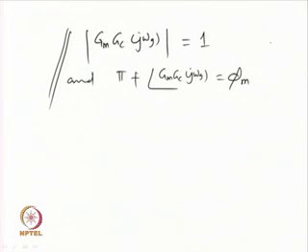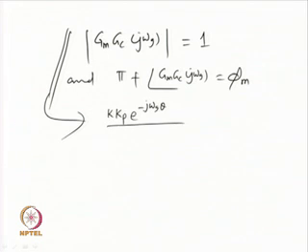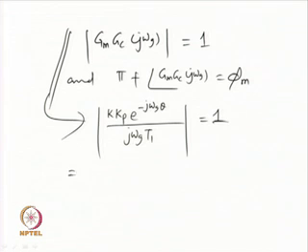Okay? So, I shall make use of the expressions we have already found. So, Gm Gc(j omega g) can be written as K Kp e to the power minus j omega g theta divided by j omega g T1. Okay? This magnitude is equal to 1, which implies K Kp divided by omega g T1 is equal to 1.